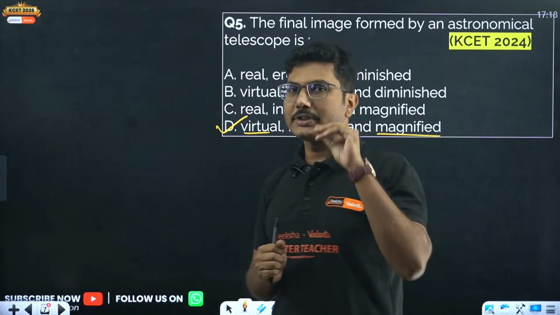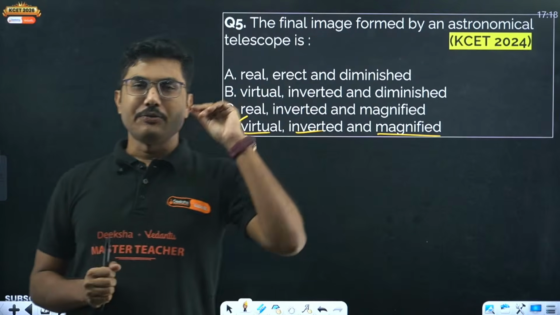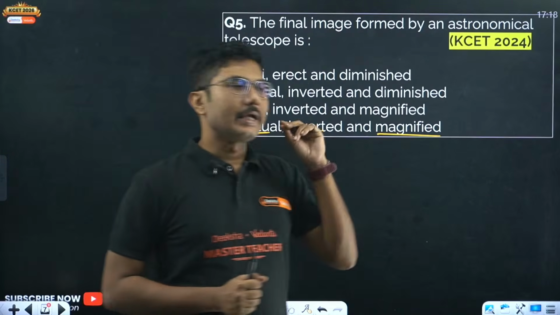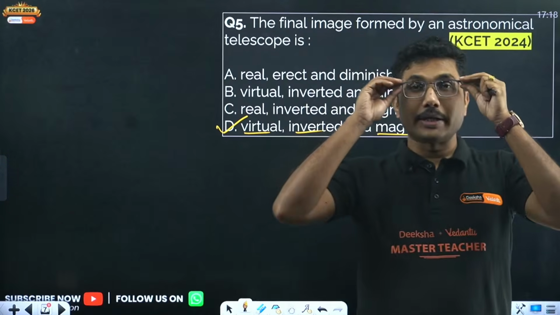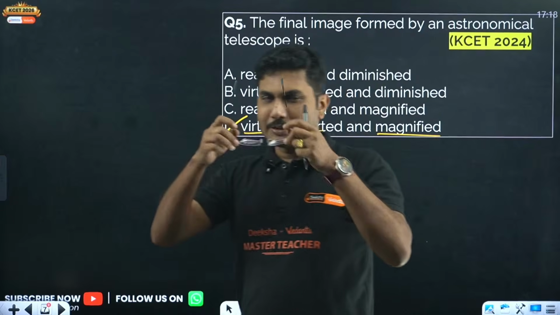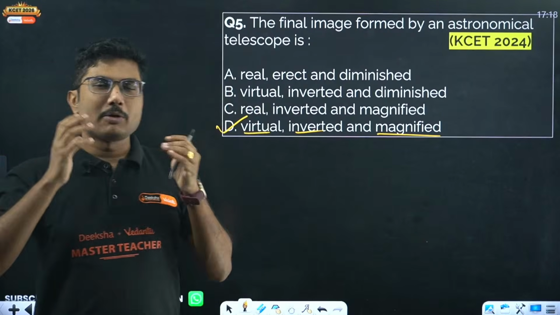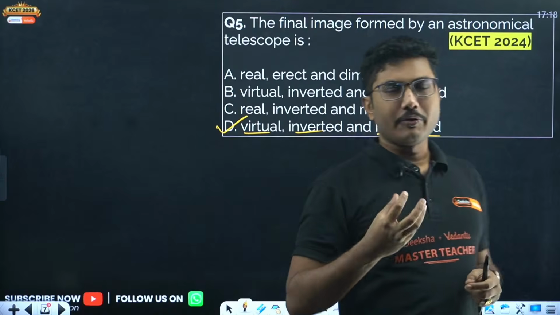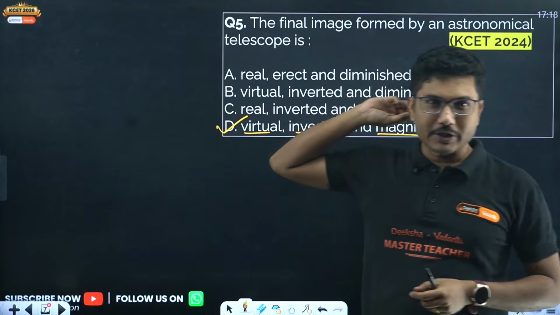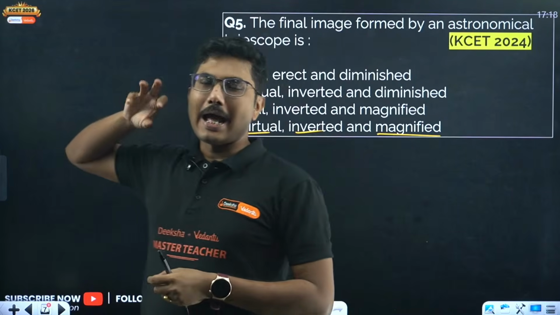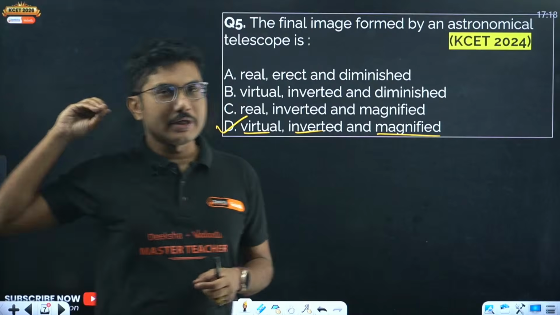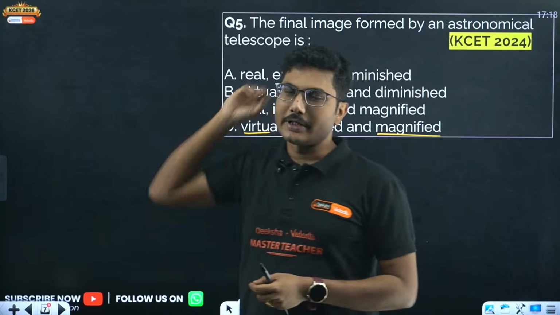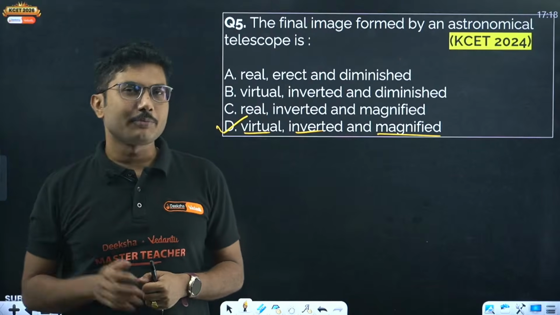If you are observing something directly through a lens, that means it is a virtual image. For example, I am wearing spectacles, right? What type of image is this spectacle forming? It is forming a virtual image. That virtual image is captured by our eye lens, and the eye lens converts that virtual image into a real image, which is then sent to our brain, and our brain processes it.